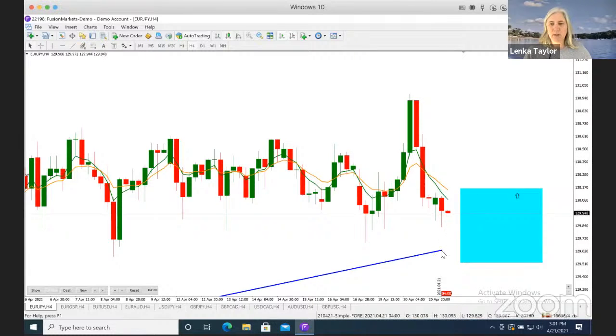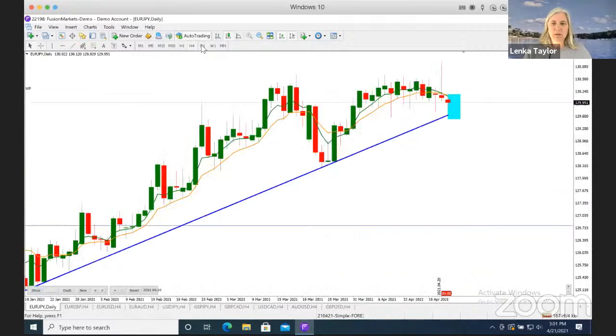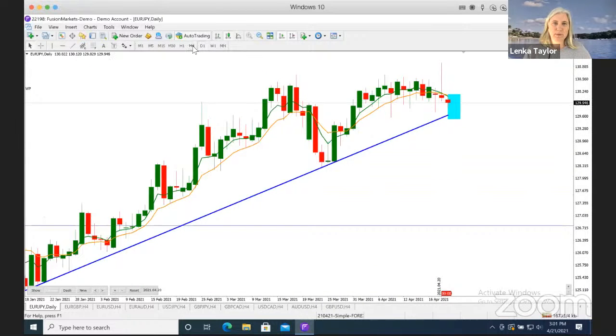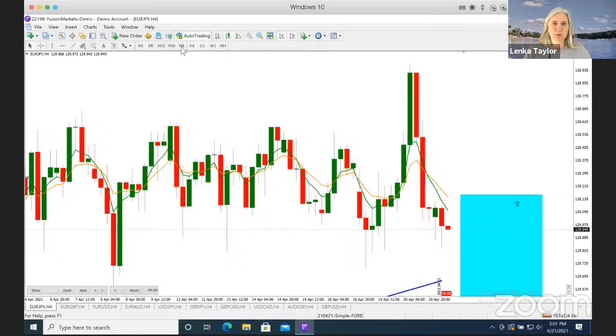If the price drops a little bit closer to the trend line, then I might look at entering again later on tonight or tomorrow. This was for a long position. So looking at the trend going up, I'm still looking for a long at this point on the entry on the H4 time frame.